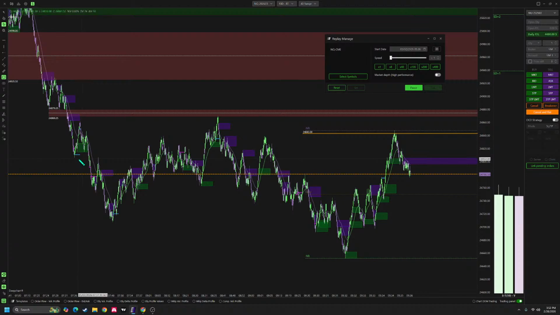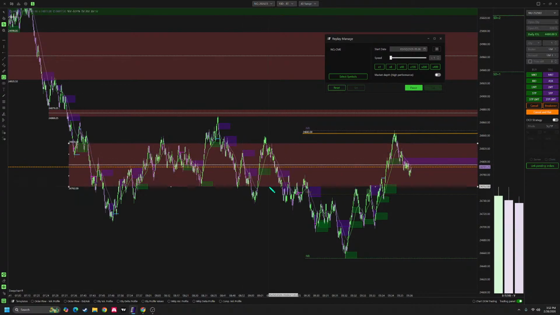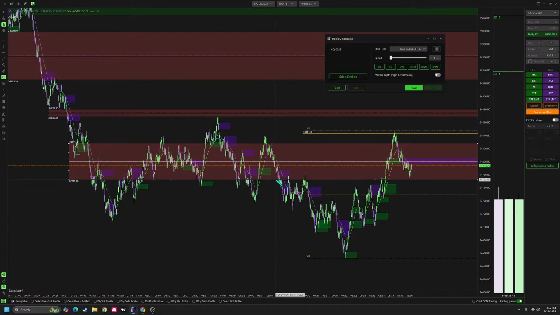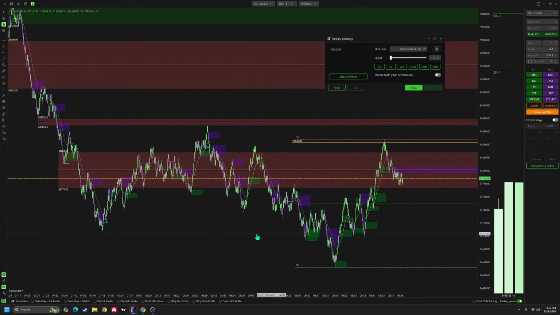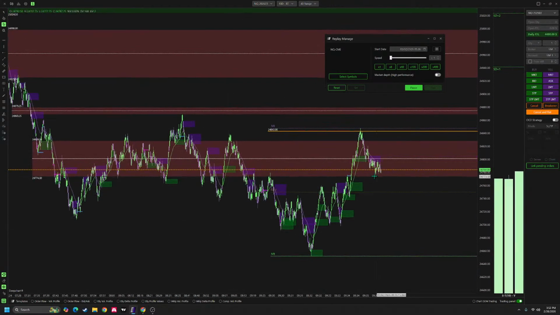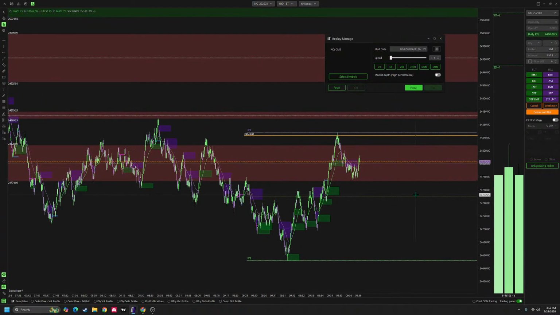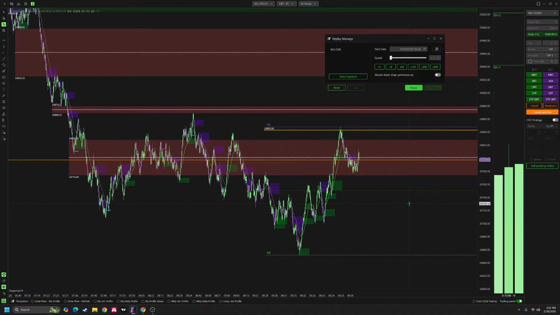We've had a battle in this zone before, so this is a no trade zone. I want to be out of this zone before and above this IBV high before I take another trade.